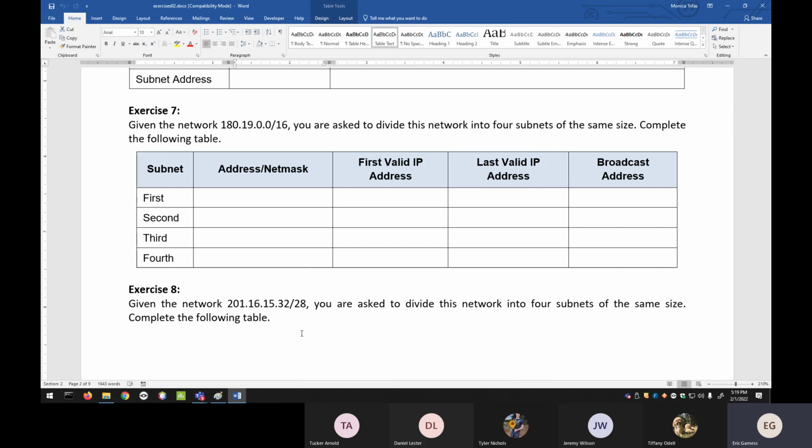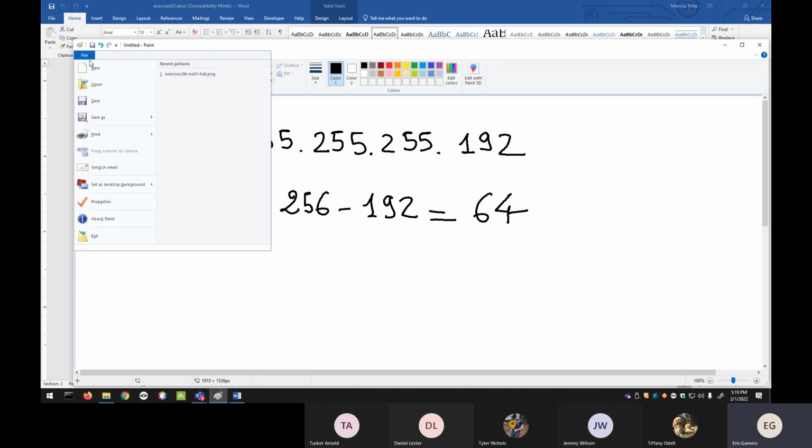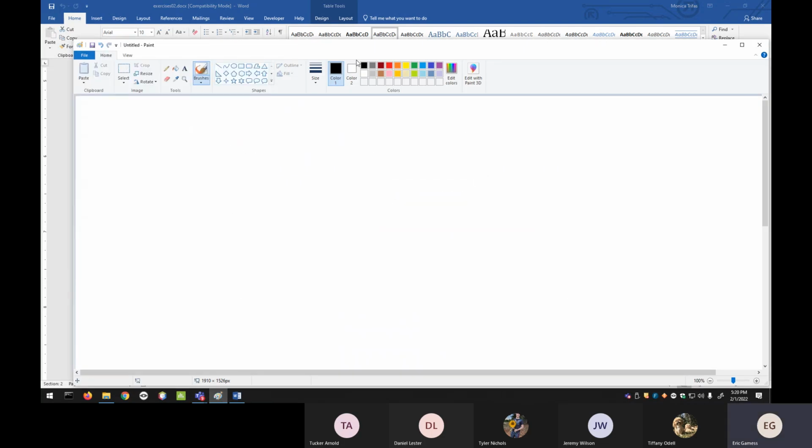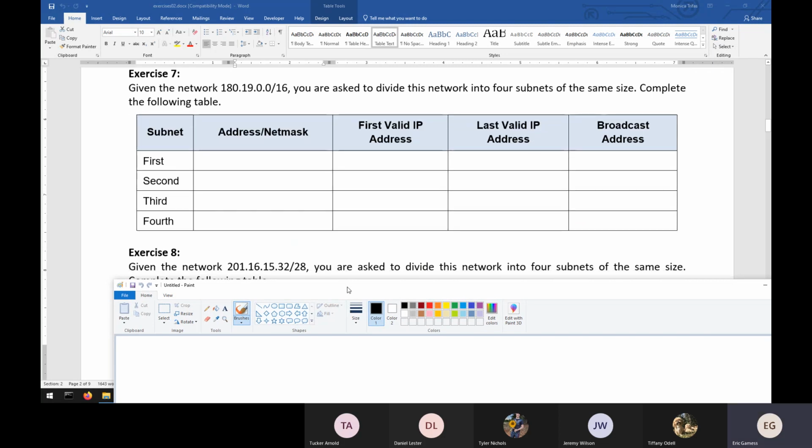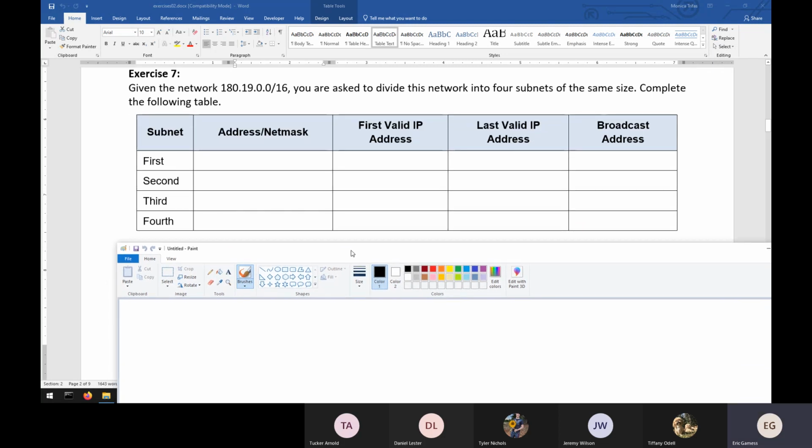So how can we do that? First of all, if I'm going to do 4 subnets, how many bits do I need to borrow from the host part to create 4 subnets? 2 bits, you're right. With 2 bits that we borrow, we create 4 subnets. So the initial net mask is a /16.